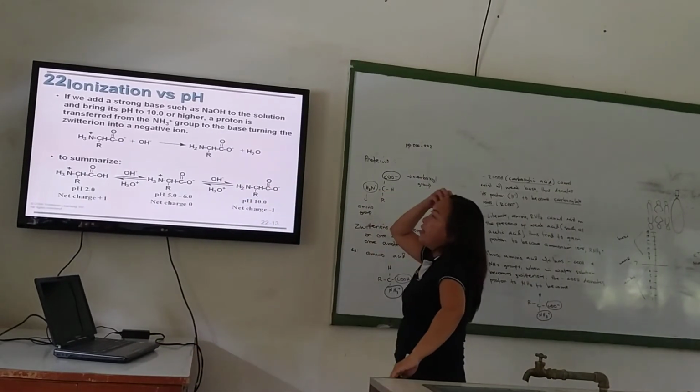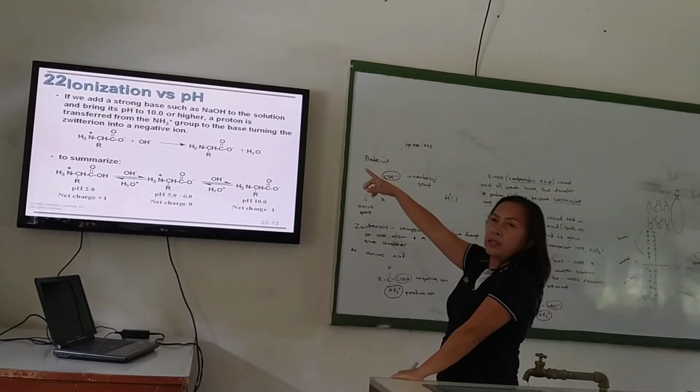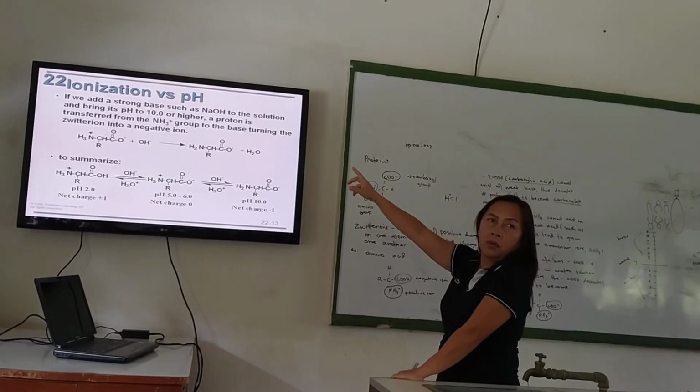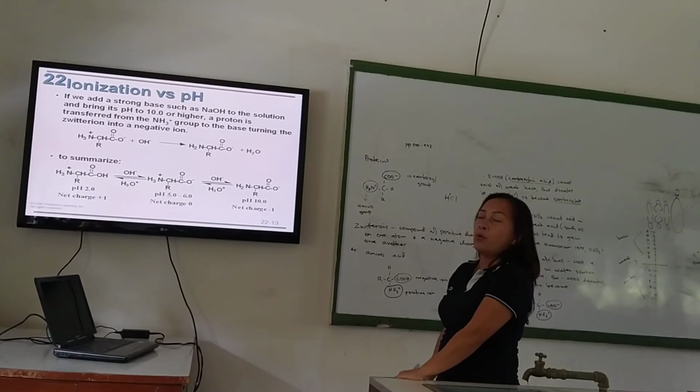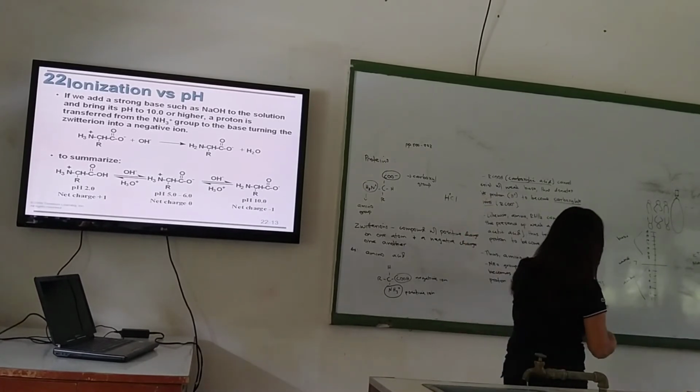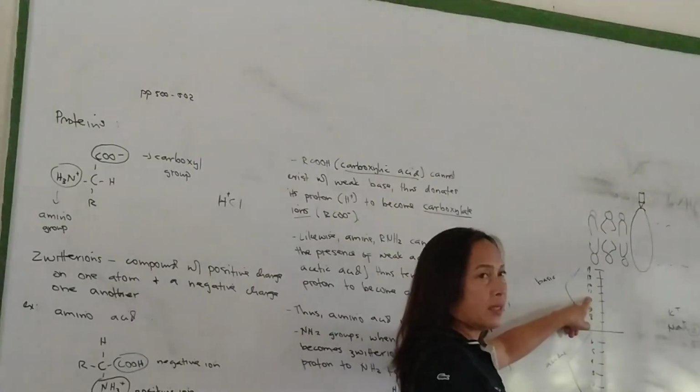Now, if we add a strong base such as sodium hydroxide, now sodium hydroxide or NaOH is a strong base. If you will add to the solution of our amino acid to bring its pH up to 10, so you are going here, this is basic.